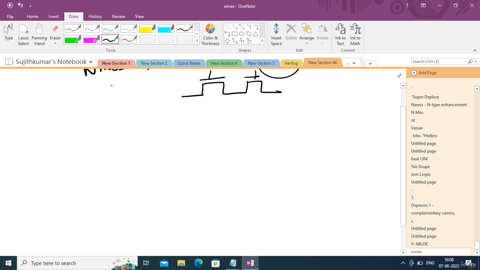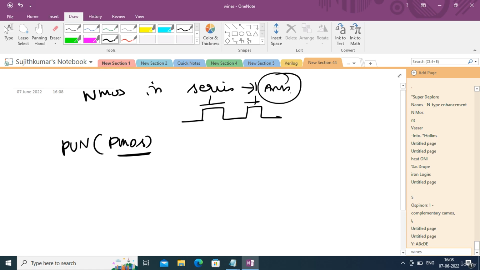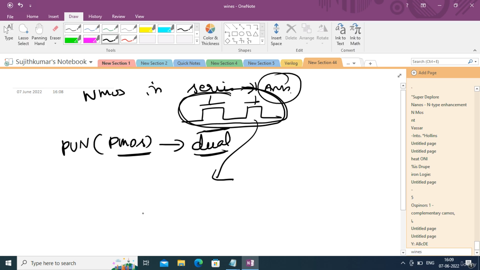Alright, we know that the pull-up network, which will contain only PMOS, is the dual of the NMOS network. I told you the pull-up network and pull-down network are dual to each other. So whatever you are drawing in series in the pull-down network, you have to draw in parallel in the pull-up network. That means in the pull-up network, when you make two transistors parallel, that will implement AND operation.